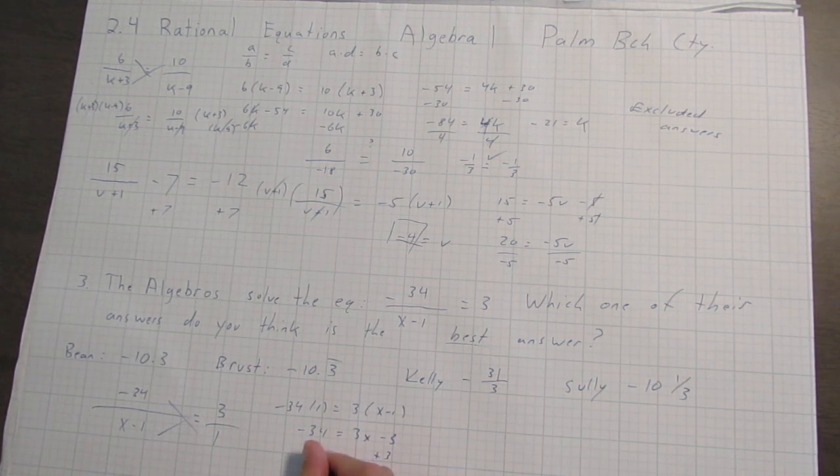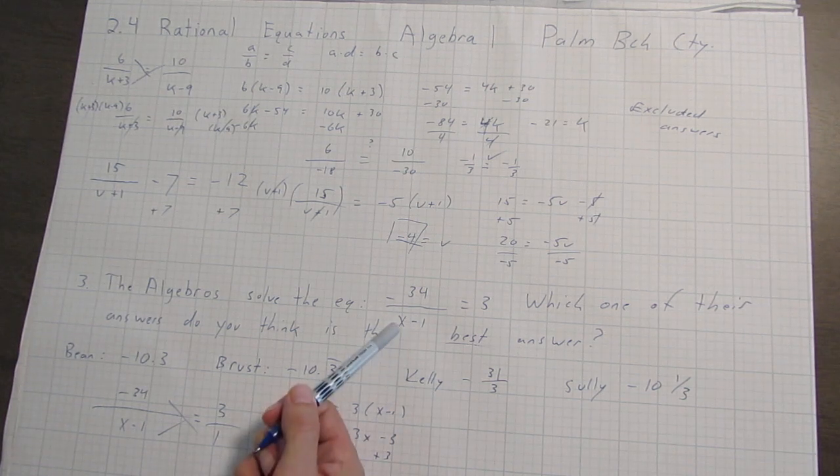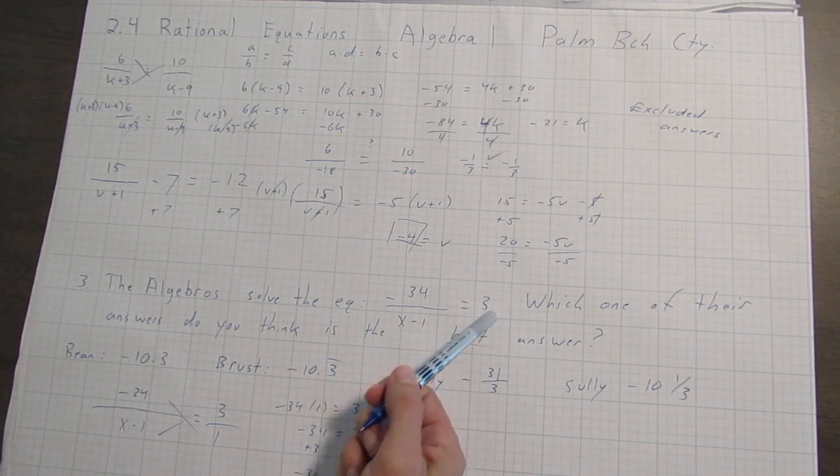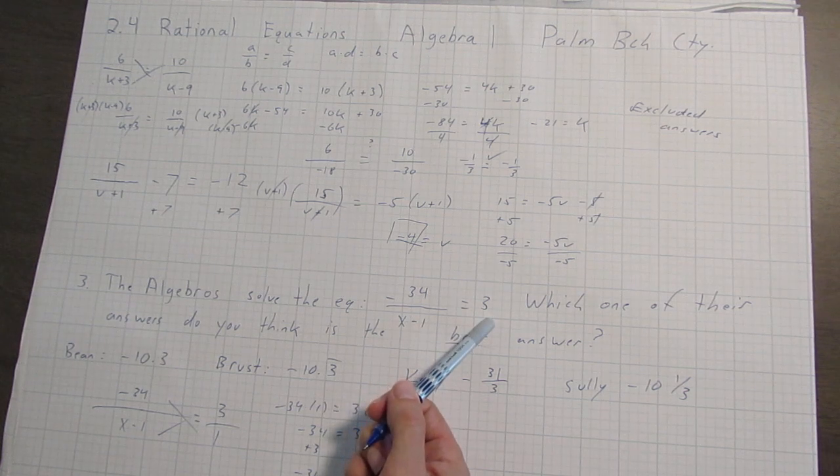Add my 3, add my 3. Negative 31 equals 3x, divided by 3, divided by 3. These cancel. x equals negative 31 over 3. So now let's look at our answer choices, because what we could do is plug each of them into the problem and see which equals 3.